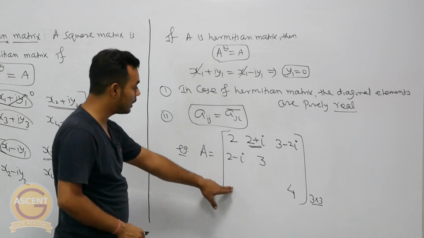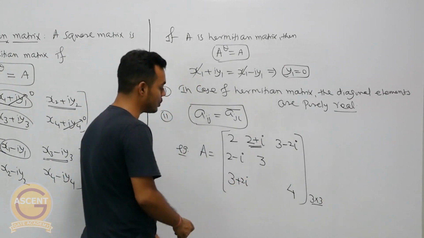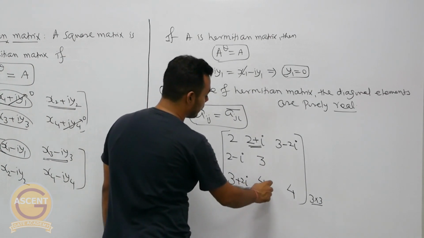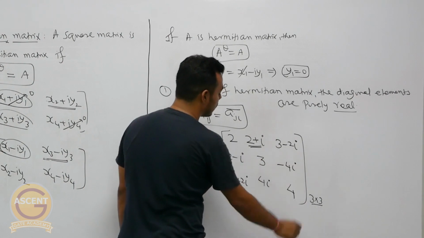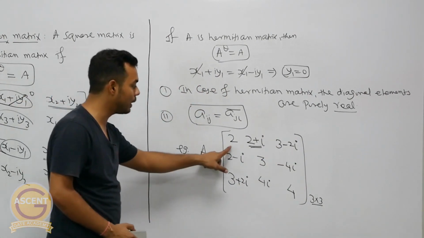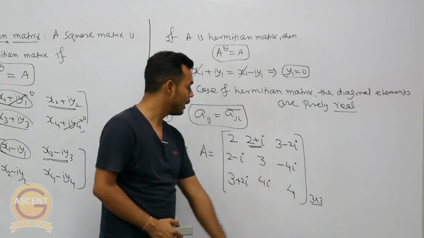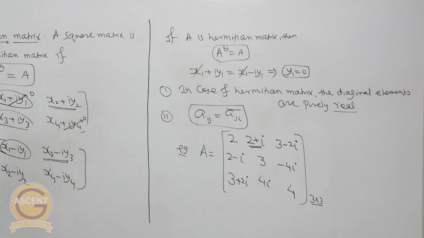So the element in the third row, first column will be the conjugate of this element. So here I have to write 3 plus 2 iota. Similarly, suppose here I have 4 iota, then this element will be the conjugate of 4 iota, which is minus 4 iota. So this is an example of a Hermitian matrix because all the diagonal elements are purely real and Aij is the conjugate of Aji. So these two important points you should remember in case of a Hermitian matrix.